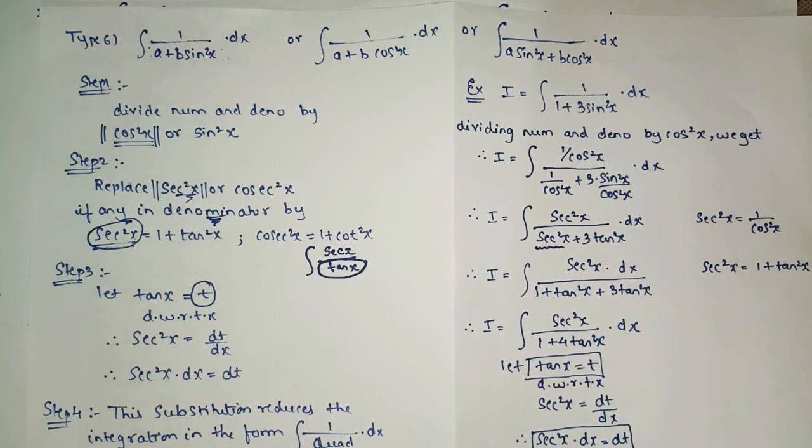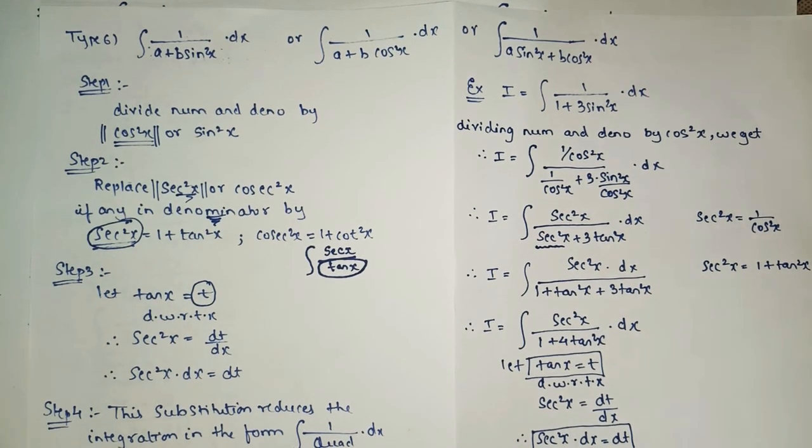So till now we have completed type number 1 and type number 2; type number 3 we'll see afterwards in the next lecture. We have completed type number 4, 5 and 6. I hope you all understood each and everything from type number 1 to type number 6.